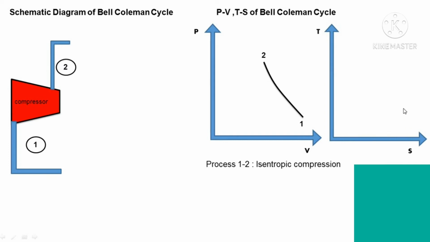As it is an isentropic compression, no heat is added and no heat is rejected. When the air gets compressed, its temperature increases but there is no heat addition or heat rejection. For an isentropic compression process, the entropy remains constant, so we get a vertical line on the TS plane.